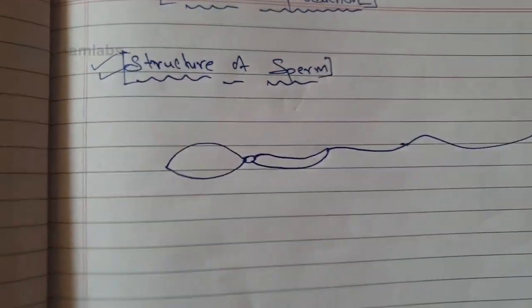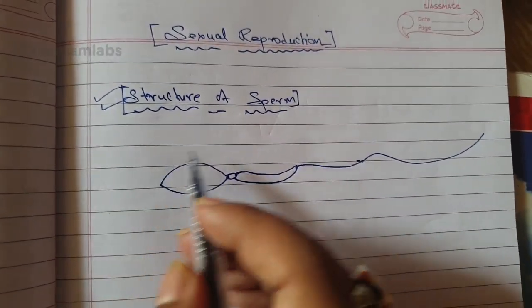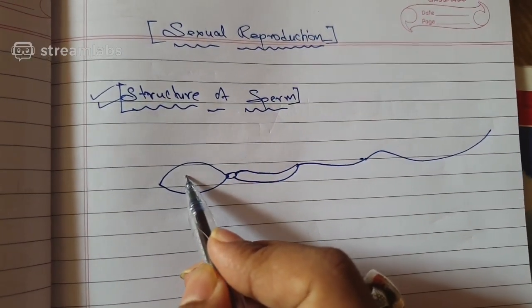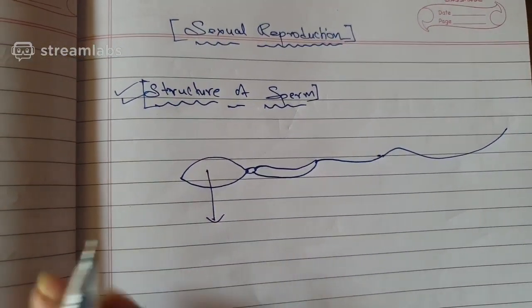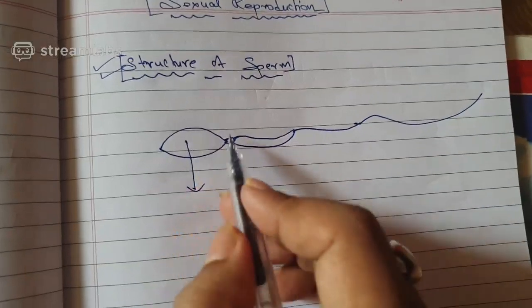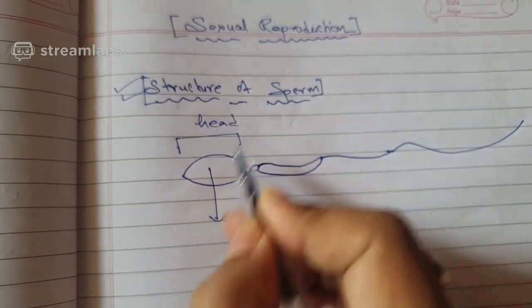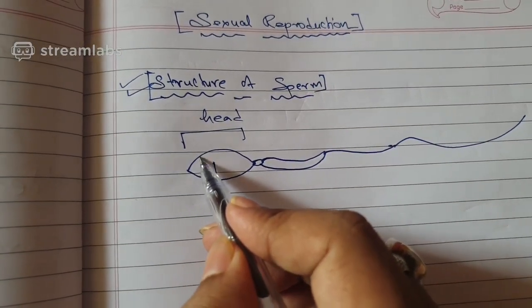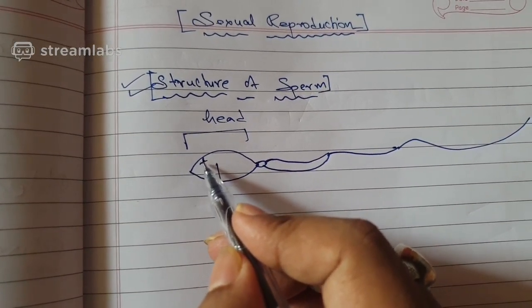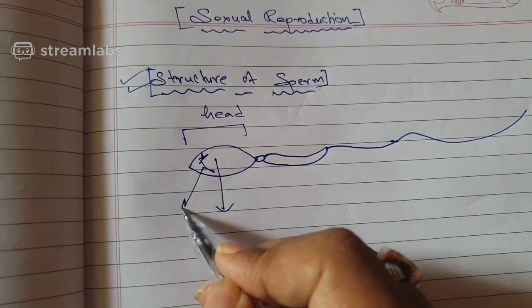This is spoon shaped, this is the head of the sperm. In the head, inside, there is the acrosomal cap.